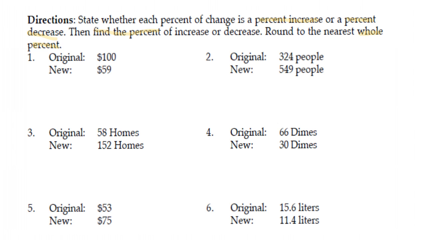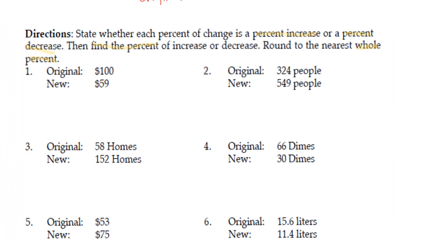Let's remind you of the equation: new minus old over old times 100. So we do new, which is 59, minus the old, which is 100, over the old, which is 100, and then times 100.